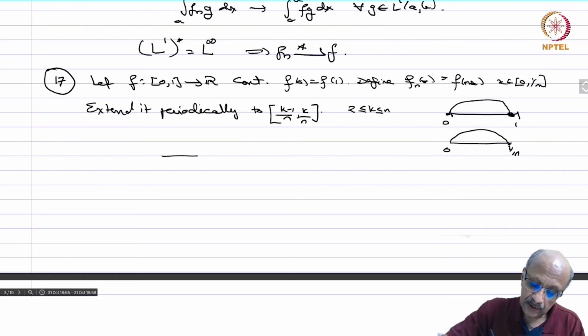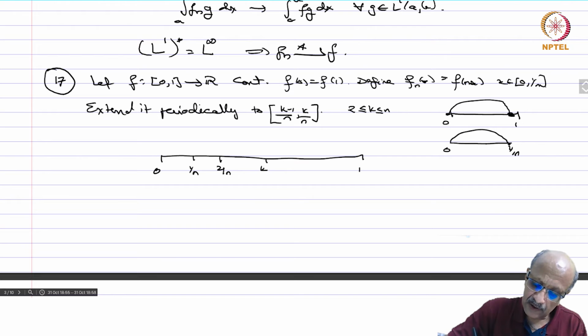So what are we doing here? We are taking [0,1] and dividing it into n equal parts. So this is 1 by n, this is 2 by n, this is (k-1) by n, this is k by n, and so on. This is (n-1) by n, and then 1 is n by n, of course.